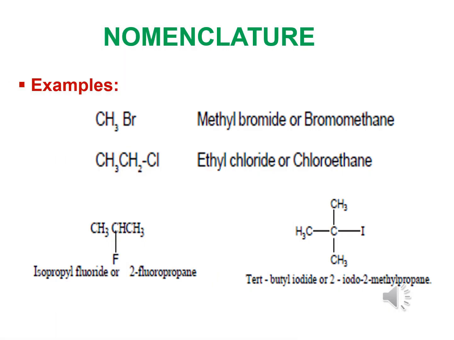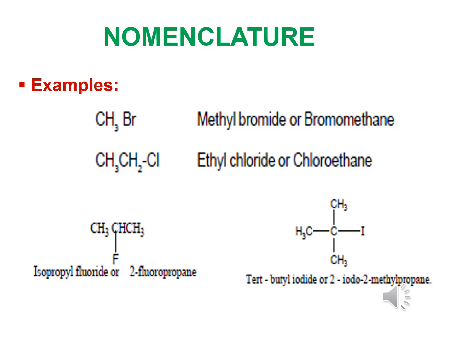For example, the first one we have is methyl bromide, which can also be called bromomethane. Ethyl chloride can also be called chloroethane. Looking at the other compound, you realize that the carbon that is bearing the fluorine has one hydrogen, so it is a secondary alkyl halide. In that case, every secondary is called iso, so that's why it's called isopropyl fluoride or 2-fluoropropane.